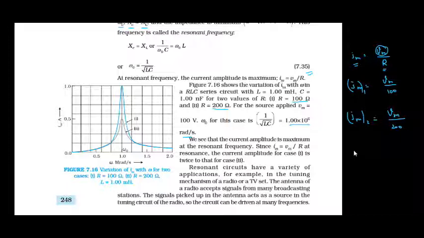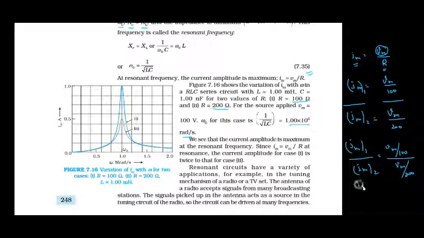If we divide 1 by 2, what will we get? Im case 1 upon Im case 2 is equal to Vm by 100 upon Vm by 200.